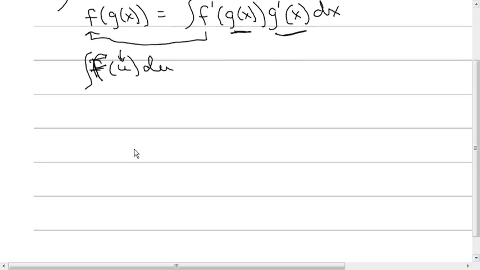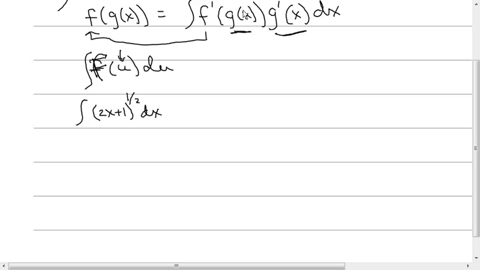This is example 1 from the book, and it's integrating a simple little function, 2x plus 1 raised to the 1/2 power dx. So we look at this and say, well, it's got to be of this form, right?